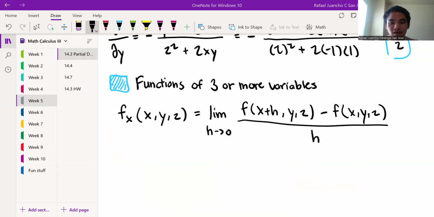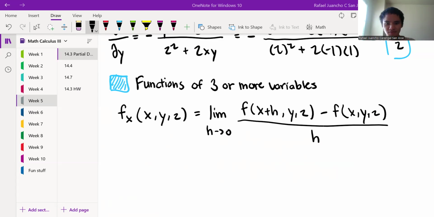Okay, and what this limit is basically telling us is that it's found by regarding y and z as constants and differentiating that function of x, y, z with respect to x, right?